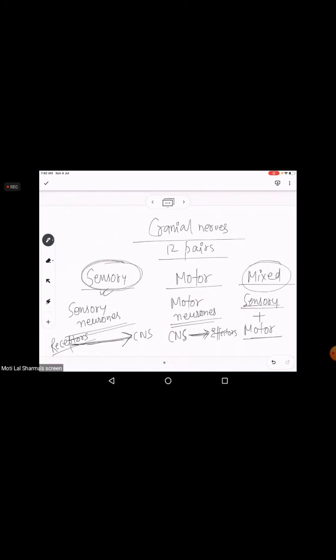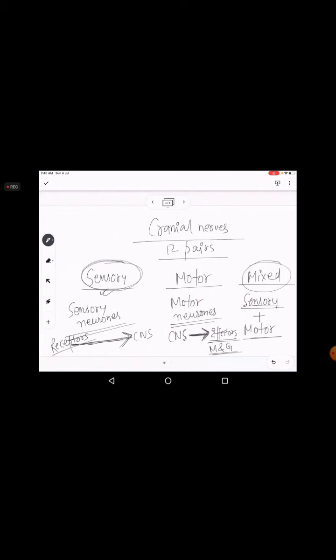And I've told you, effectors can be your muscles and effectors can be your glands. So motor knobs in one direction, sensory knobs in one direction, mixed knobs in both directions. Sensory knobs are towards CNS, motor knobs away from CNS, and mixed knobs both towards and away.